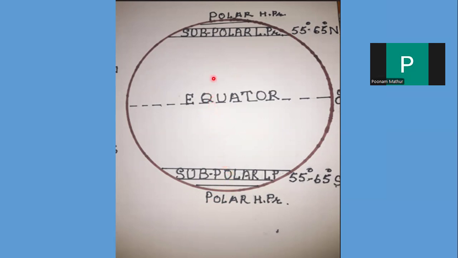This causes subsidence of air. Low temperature, air is cool, cool air is heavy. This causes subsidence of air, leading to the development of a high pressure area.